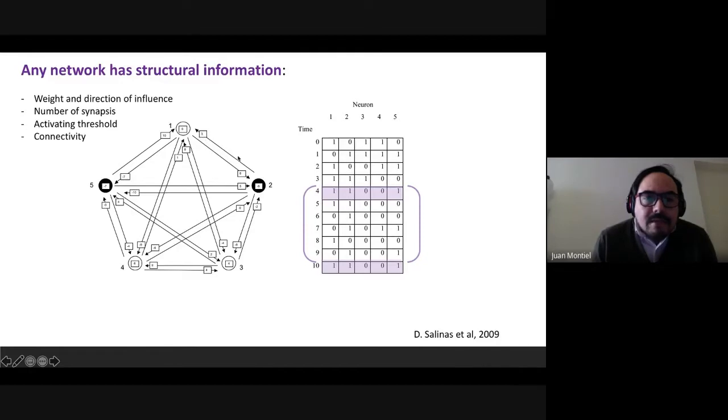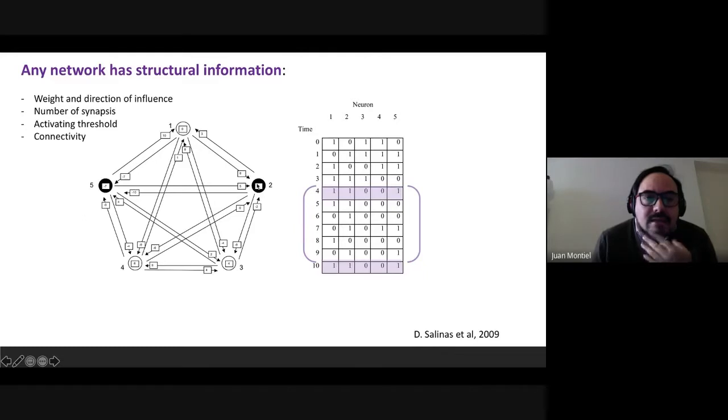There are directions of influence, and in this case, this network is multiply connected, so every neuron is connected with all other neurons. We can see here the synaptic contacts, shown by the edges of the arrows. And every neuron has an activating threshold, which is the square inside of the circle.